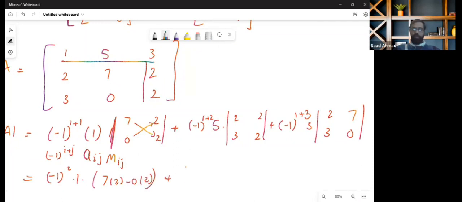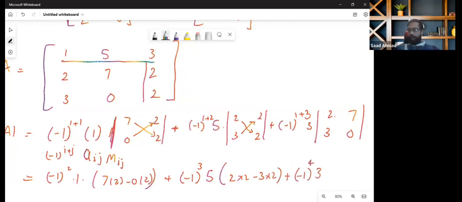Now we have -1 to the power 3, and then 5, and you multiply 2 times 2 minus 3 times 2. And then the next one: -1 to the power 4, 3, and then 3 times 0 minus 3 times 7.